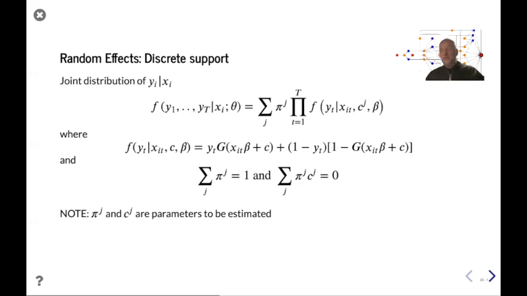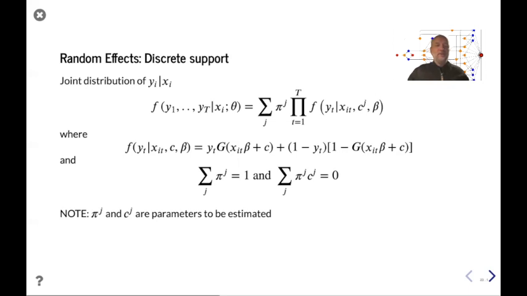That would be a discrete distribution, and we'll not be saying anything about where those values are, or necessarily what those probabilities are, except that they need to be positive and sum to 1.